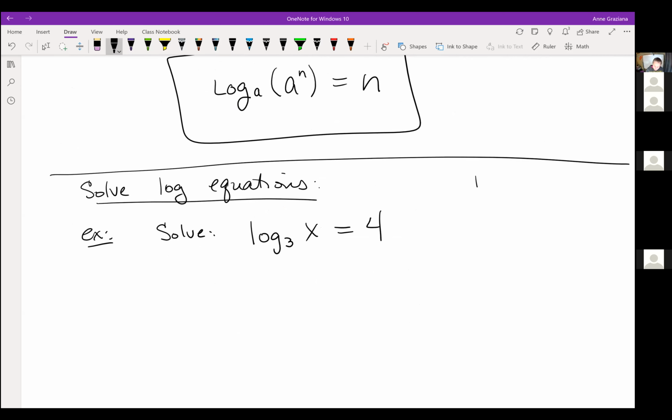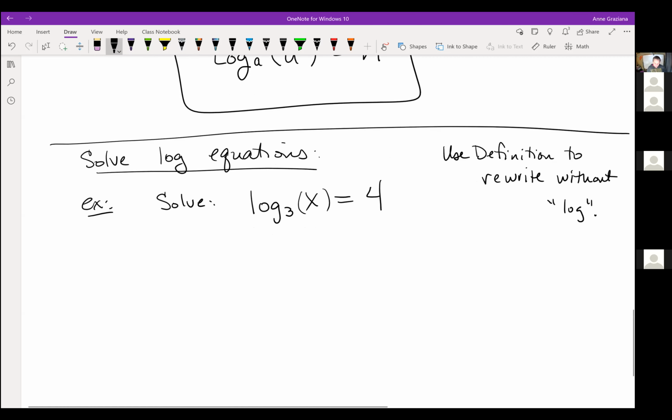So right now what we're going to use is the definition. Use the definition to rewrite without log. See how that x is kind of trapped in the log part? It's inside here. I'm going to use what I know to rewrite this.